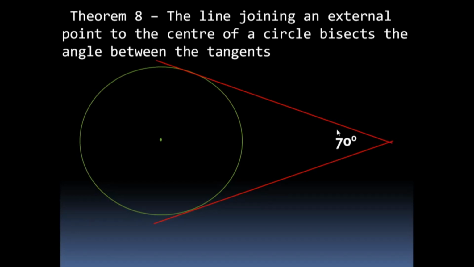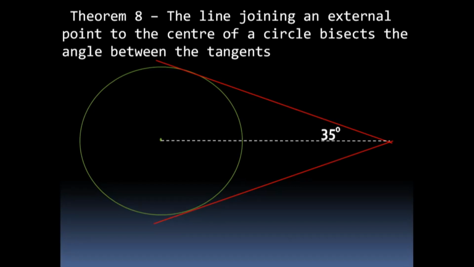This is the angle between the two tangents of 70. Bisect means cut into two equal parts. So let's see how that turns out. And there we have the line that's drawn from the point of contact between both tangents, cutting the angle into two equal parts, going to the center of the circle.